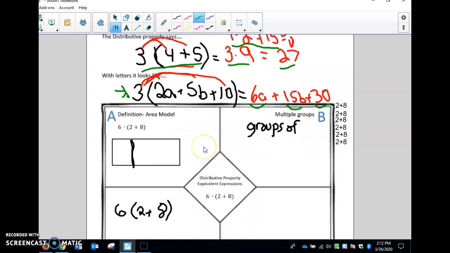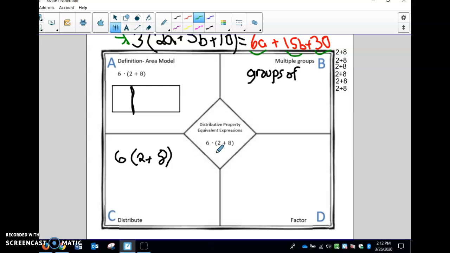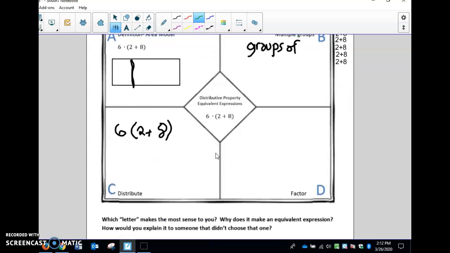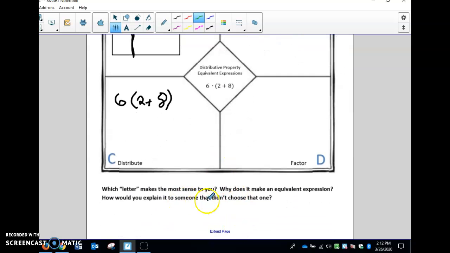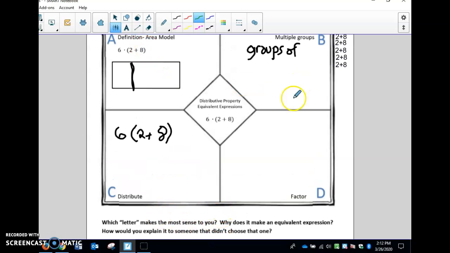So if we scroll down here, we're going to look at how we can use this property in a bunch of different ways to create equivalent expressions. One of the things I'm going to ask you to report out in the discussion at the end of this video is which one of these boxes makes the most sense to you, and why does it make an equivalent expression? I really want you to try to explain this as if to somebody who didn't choose that one.